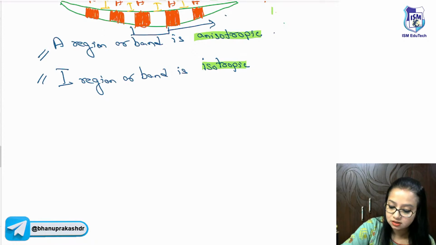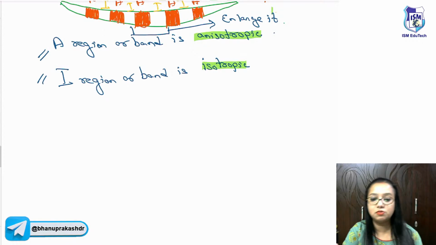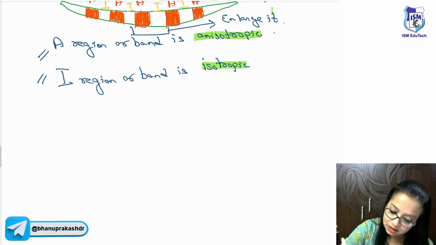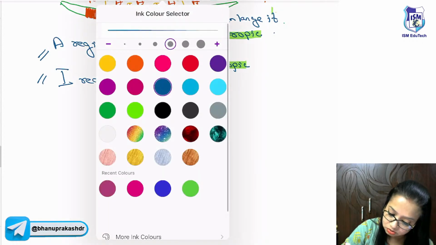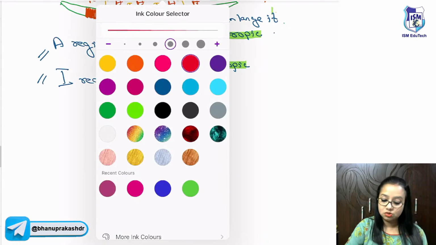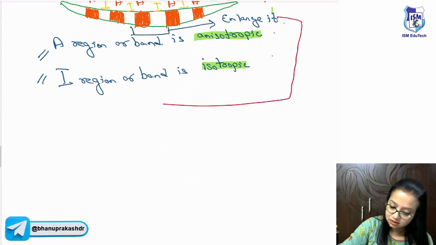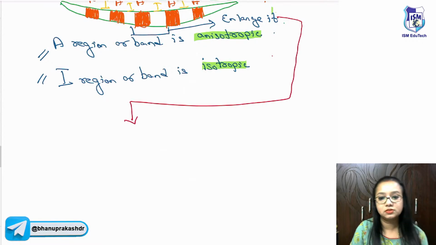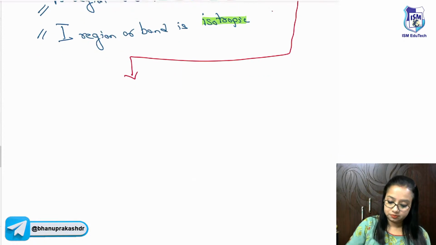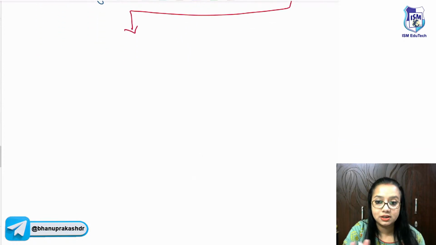and we enlarge it, I'm going to draw an arrow that will take us all the way till here. Now, this is also under the light microscopy.